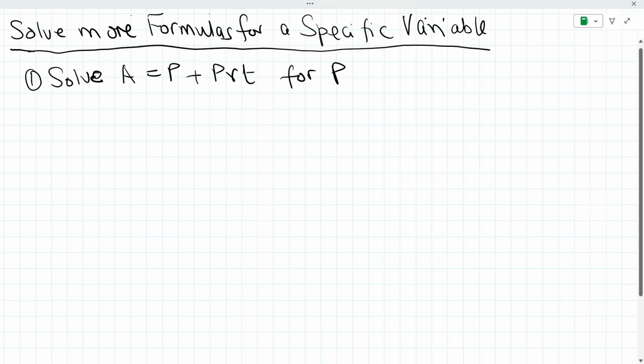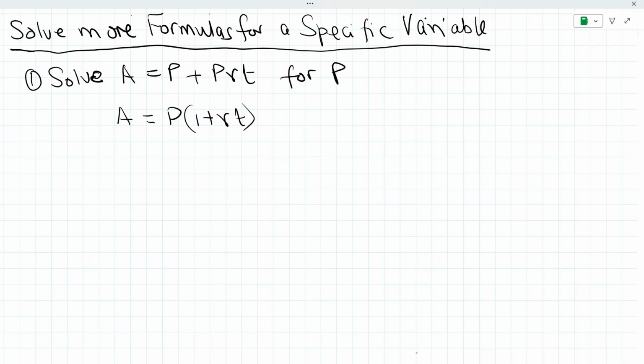So we always start off by simplifying the expression that involves P. And in this case, we have that A is equal to P into 1 plus RT. All right.